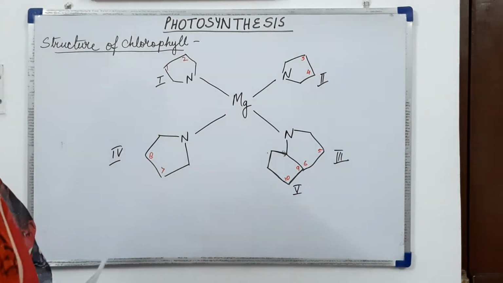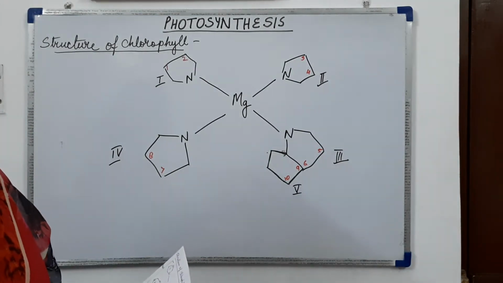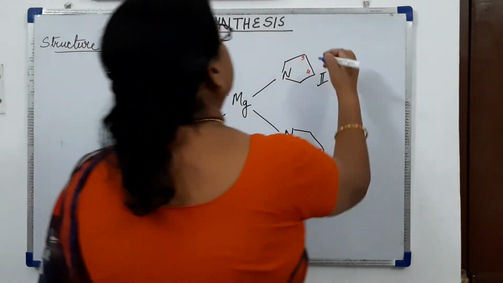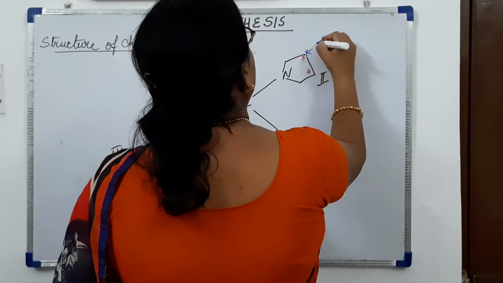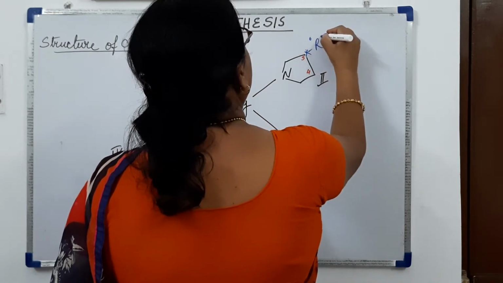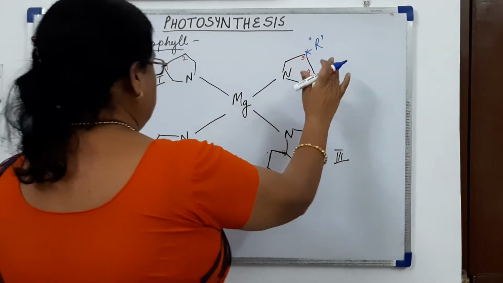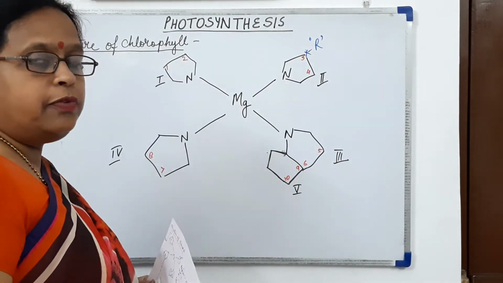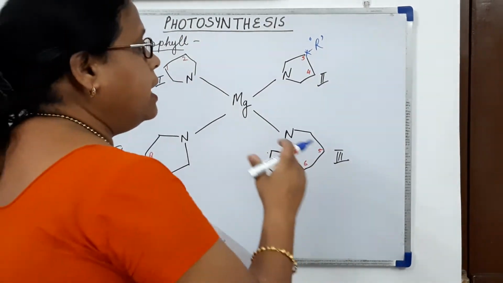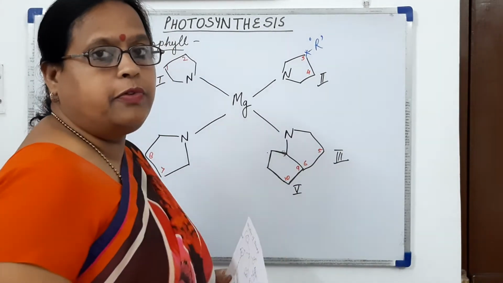And to the third carbon atom, the R group is attached, which is the methyl group in chlorophyll A and aldehyde group in chlorophyll B.